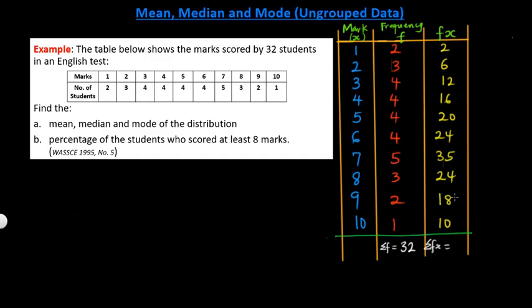So it's going to give us a total of 167. So now we see that our summation F equals 32 and summation fx equals 167. Those are very important values to us now.